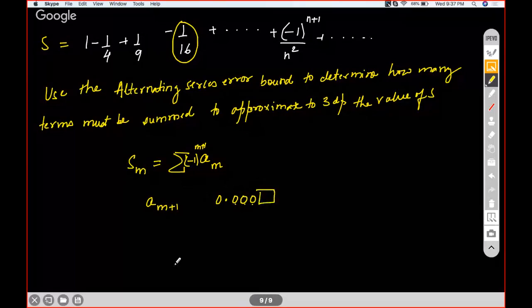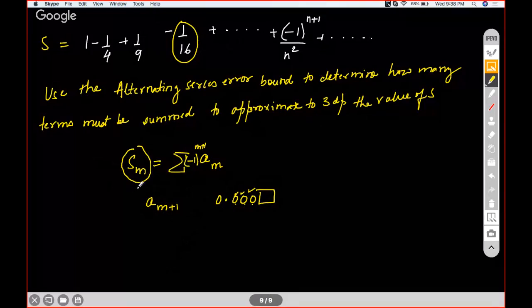Why does it necessarily have to have a 0? It can be any number. Approximate to 3 decimal places means whatever has happened till SM, the error here, which is your AM plus 1, should not change the first 3 decimal places over here. Then only your S will be correct to 3 decimal places, isn't it? Correct.